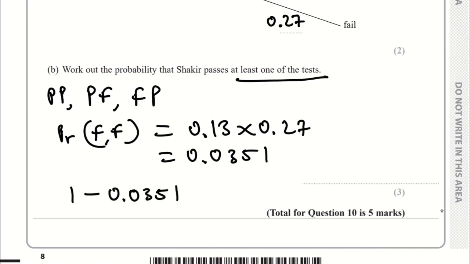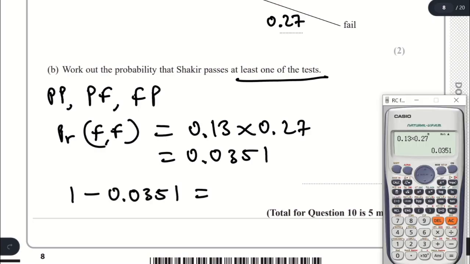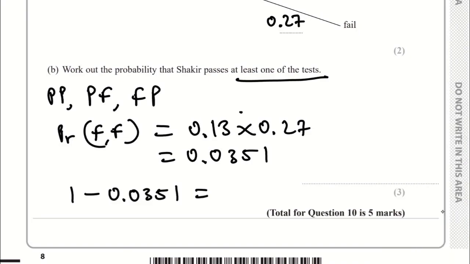So when this happens, what are you going to have? 1 minus 0.0351 is going to be 0.9649. So this is the probability that he will pass at least one of the tests.